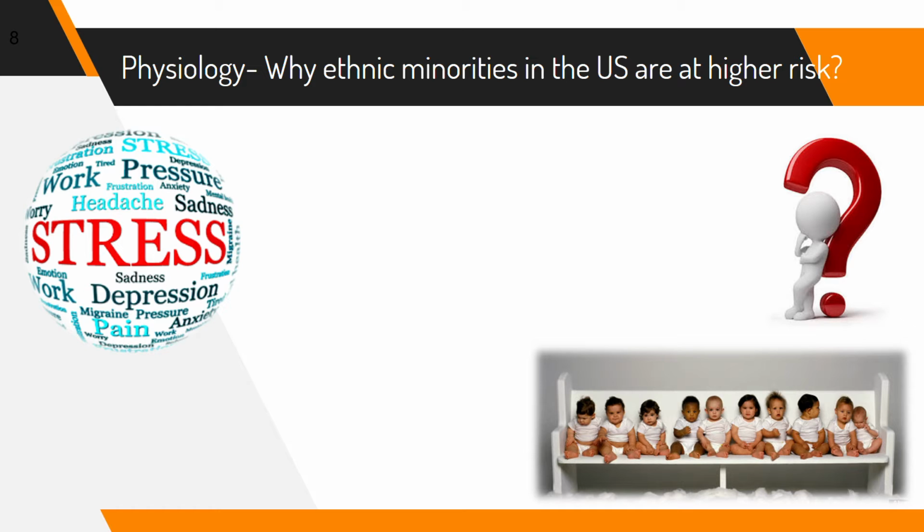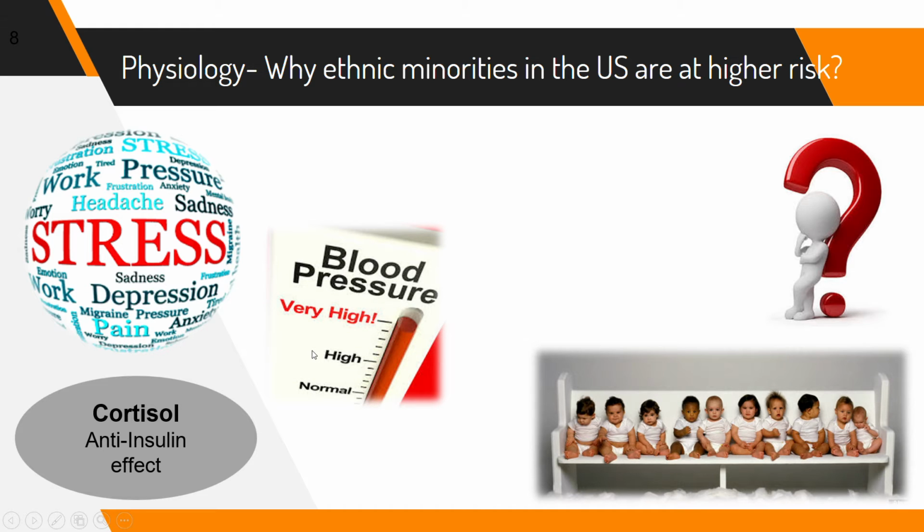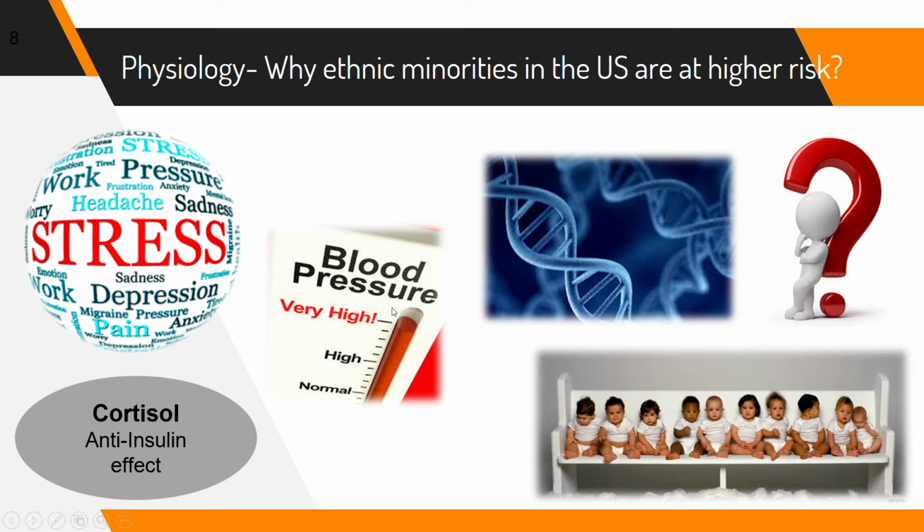Physiologically, this high stress level can lead to a high level of cortisol, which has an anti-insulin effect. Also, stress can lead to hypertension and elevated blood pressure, which is a well-known major risk factor of type 2 diabetes as well.